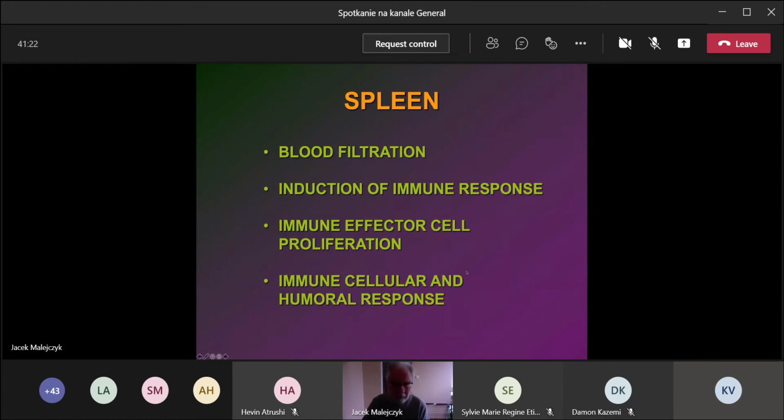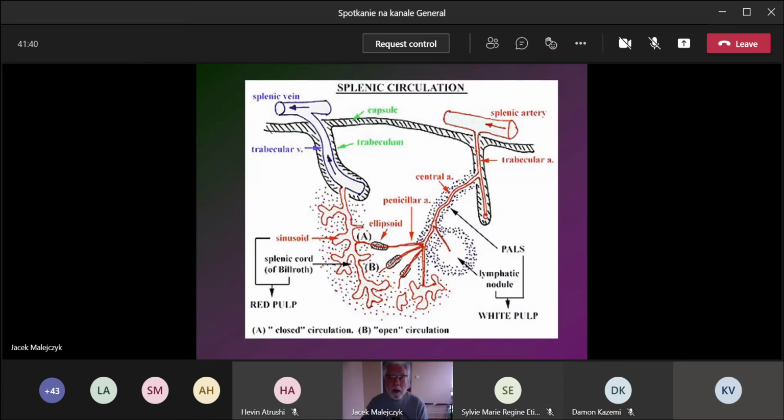It participates in multiplication of immune effector cells. It participates in generation of cellular and humoral responses. The only difference is that instead of lymphatic fluid and tissue fluid, it filters the blood. So the spleen is incorporated into the blood circulatory system.